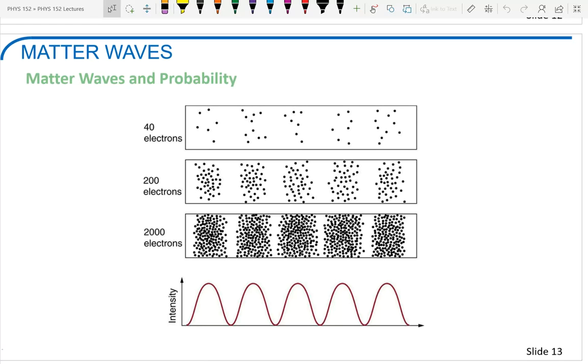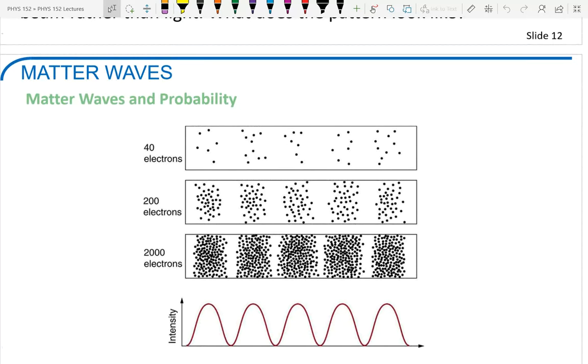And you can change the wavelength. Now, what do you have to do to change the wavelength of an electron? The wavelength is h over momentum. So what do you have to change to change the wavelength? You've got to change the momentum. You've got to change the speed.